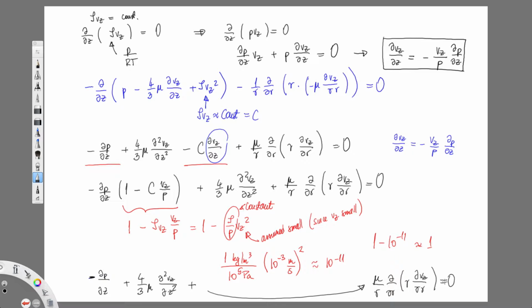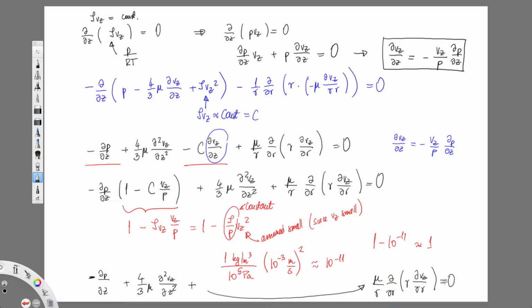But let's look at the term. Every time you encounter a situation like this, the practical engineering thing to do is to see if we can somehow ignore this term. If I look at dvz dz, the change in vz in the z direction, and it is relatively constant or doesn't change violently, then the second derivative of it is small.